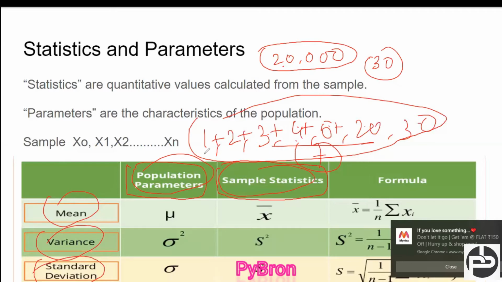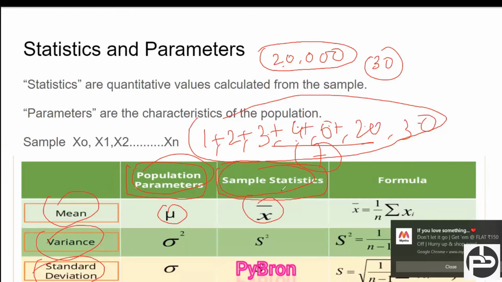Okay, so annotation-wise it's a bit different. Why? Because it helps your understanding. If you write mu, as a statistician you should understand this is the average of the complete population. And if you write x bar, then as a statistician you will understand this is considered during the analysis as a sample of the population, not the complete population.